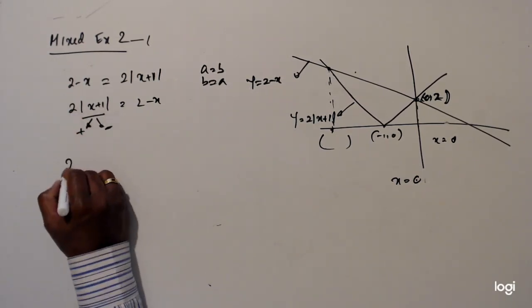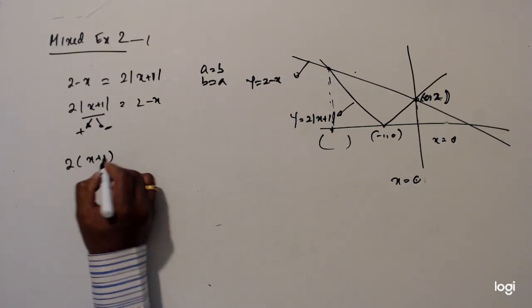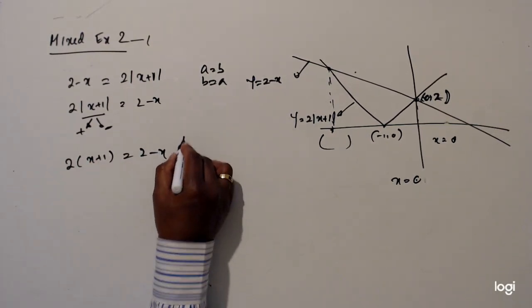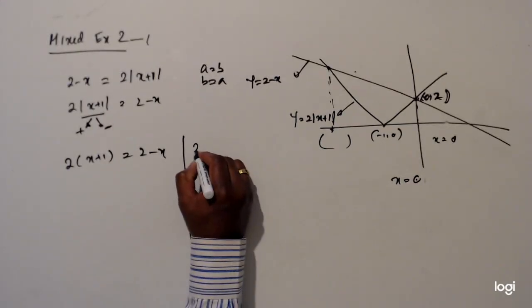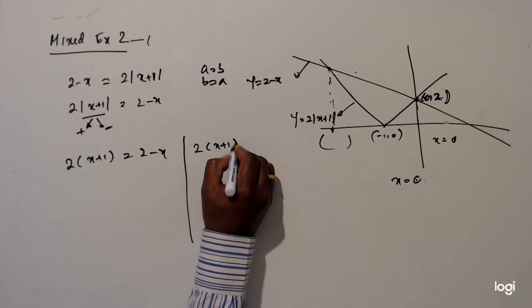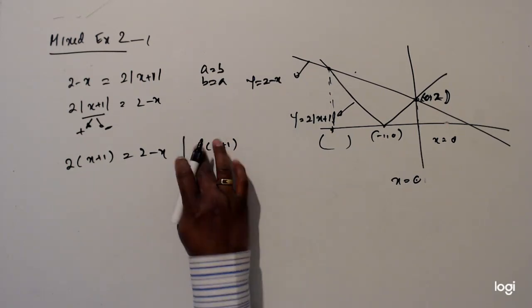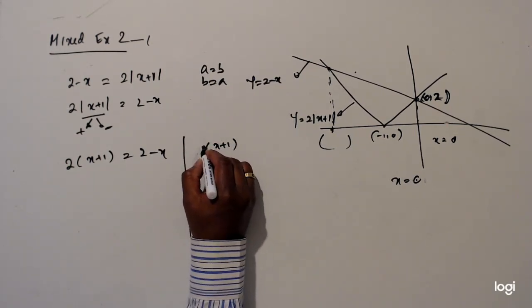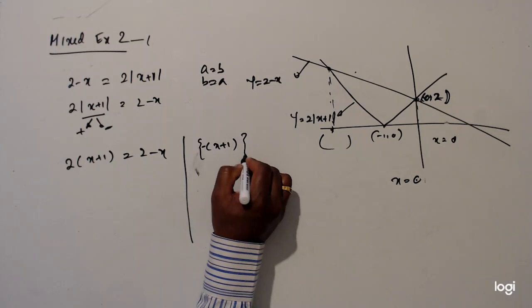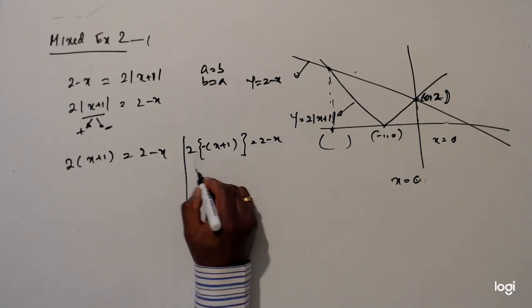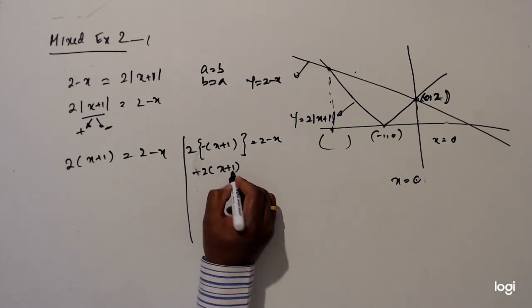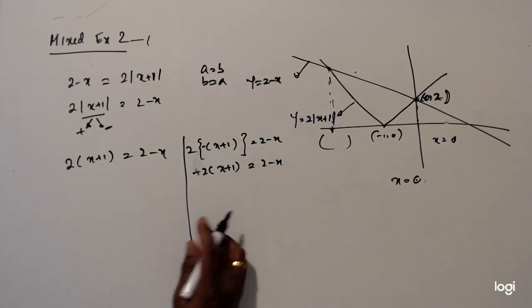So I'll go with 2x plus 1 equals 2 minus x, and the other one is negative. So I want to put a negative here: minus 2 times x plus 1 equals 2 minus x.